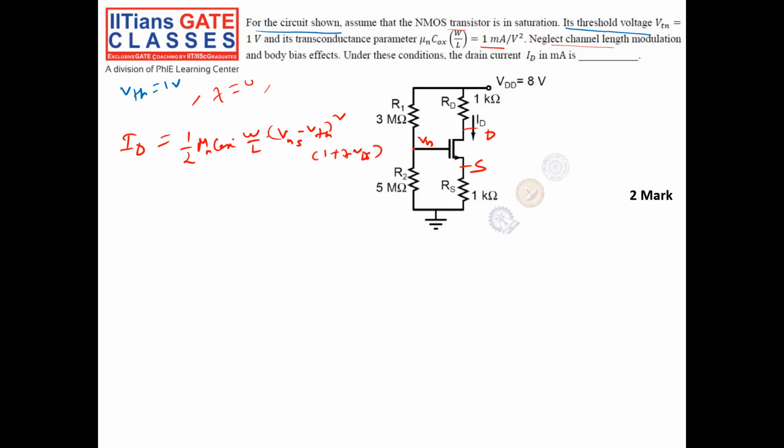Since lambda is equal to 0, this factor will not come into the picture. So this is the current flowing from drain to source.